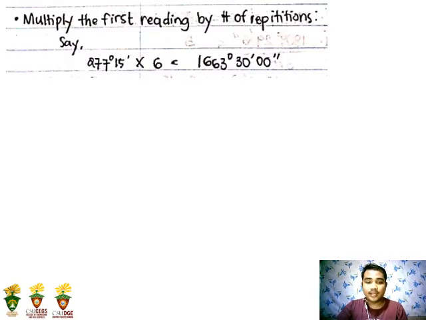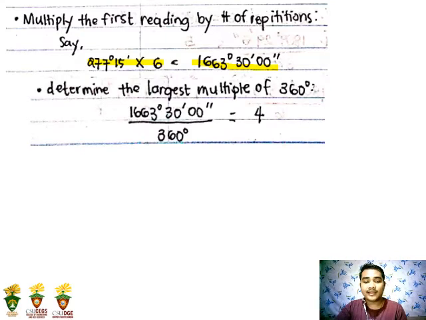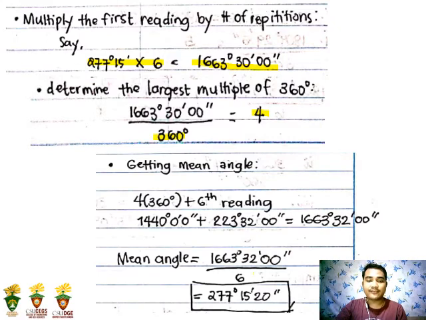Alright, for the outside or exterior angle, let's get it. Since our first reading is 277.15, multiply it by 6. Therefore, we have 1663.30. The multiple of 360, in this case, is four, four 360s in 1663.30. So multiply 4 by 360 plus the 6th reading.